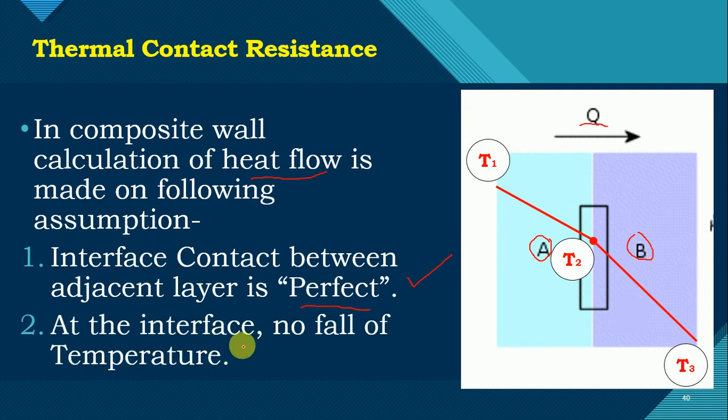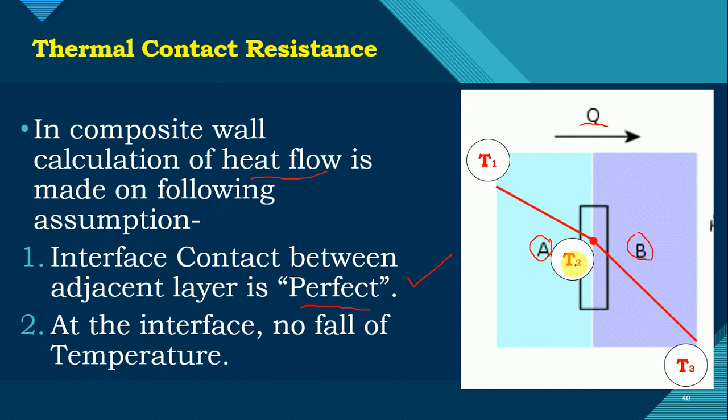Next, at the interface, there is no fall of temperature. At the interface we have shown temperature T2. Basically there are three temperatures, T1, T2 and T3. T1 is the left side surface temperature of material A. T2 is the right side surface temperature of material A, and at the same time T2 is the left side surface temperature of material B. So T2 is the temperature of A as well as of B, and there is no drop in between.